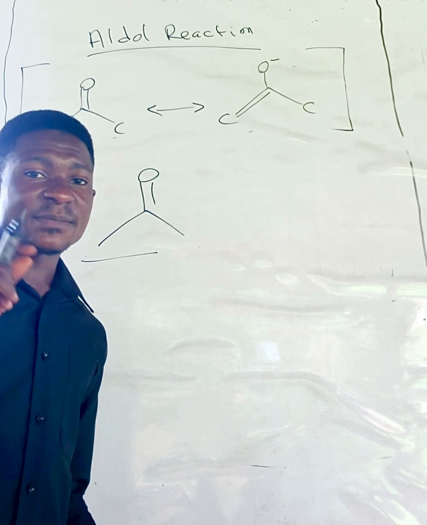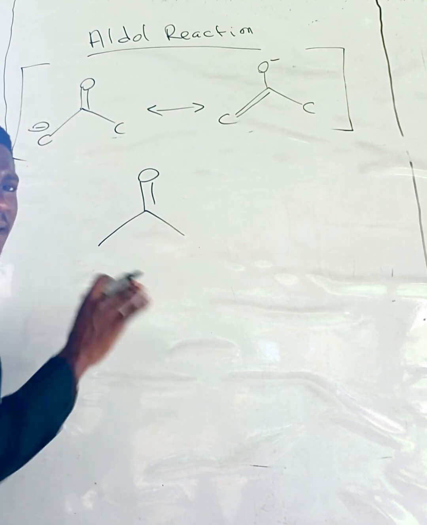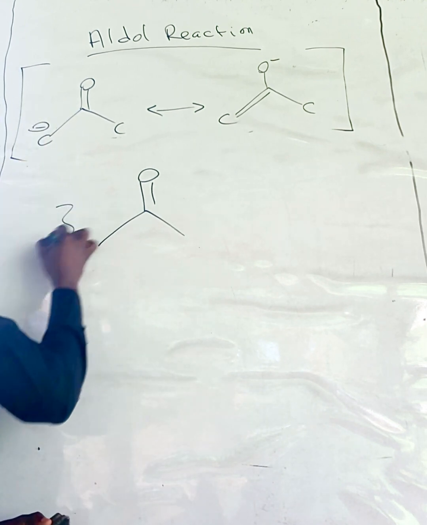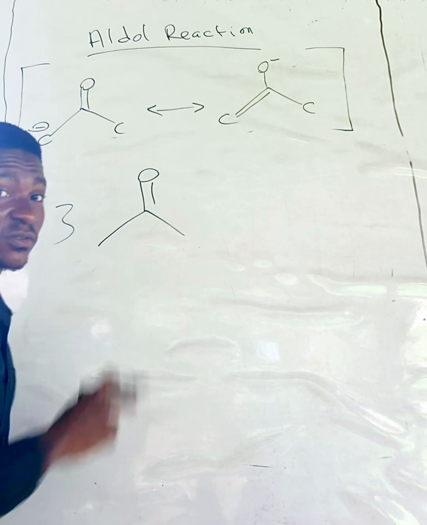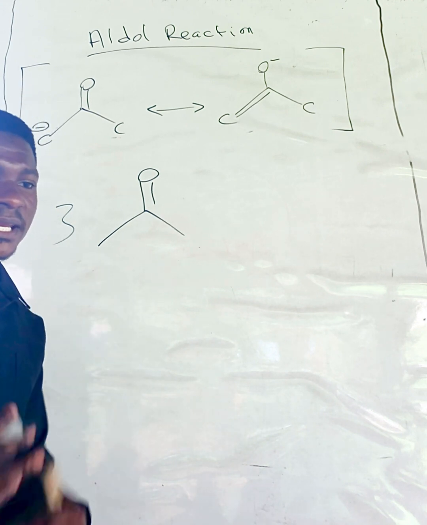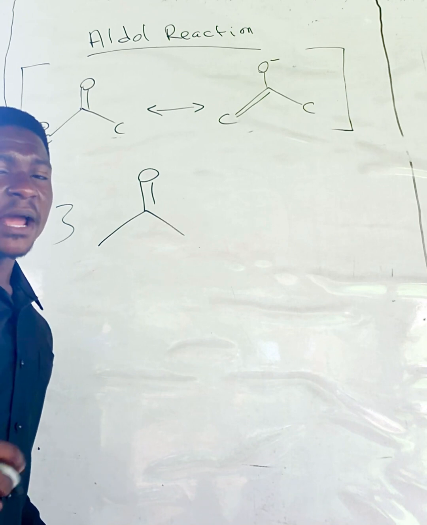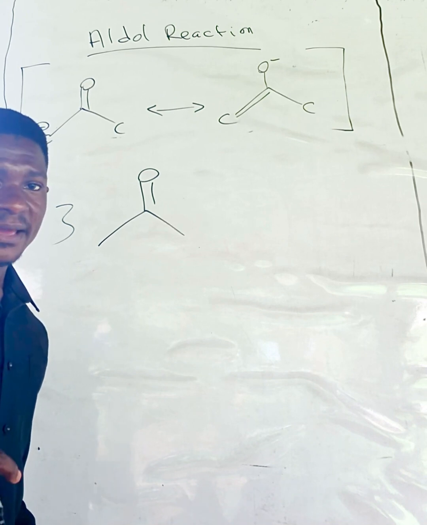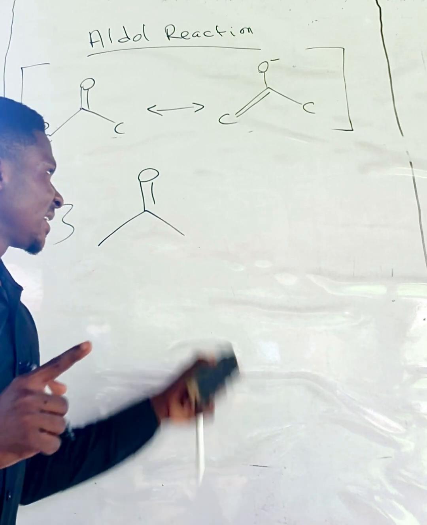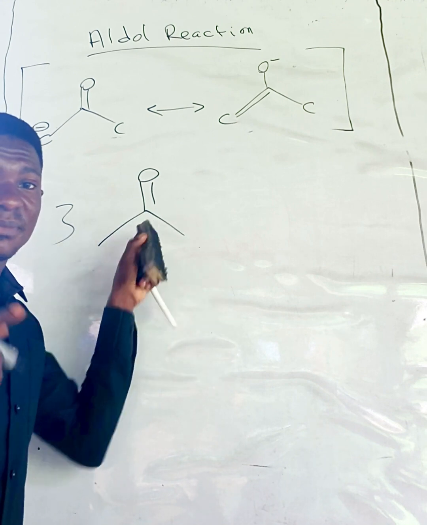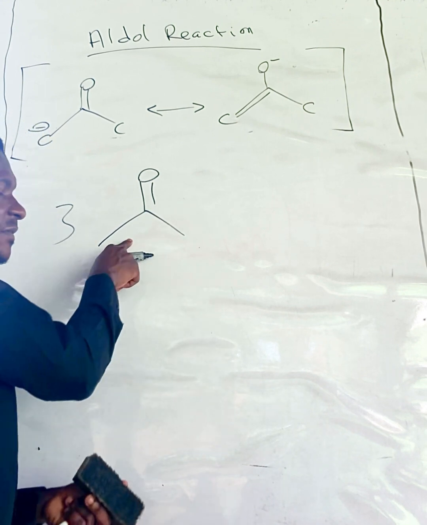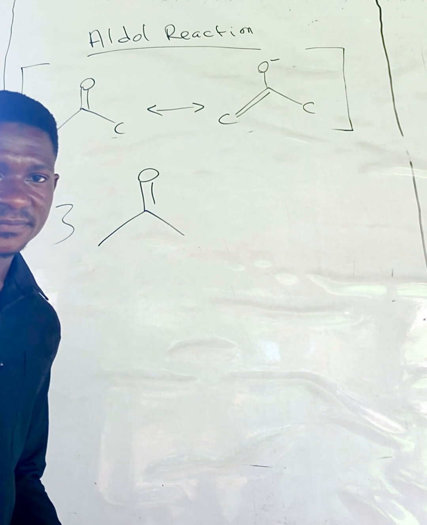Let me represent this with a specific example. Let's say we have 3 moles of this particular molecule in a solution. Now we want a reaction that involves part of this being reactive and part of this being unreactive.